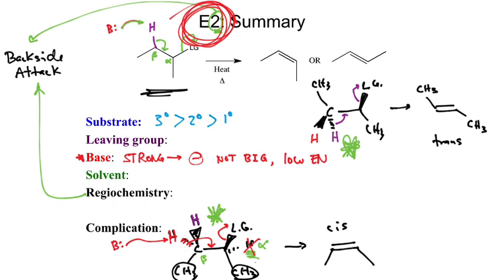You've got to make sure that when you run the elimination, you're in that backside attack orientation. And if it is not drawn in that backside attack orientation, what must you do? Rotate it. You have to rotate the structure so that the hydrogen and the leaving group are on the backside. You have to do those manipulations that you were asked to practice and learn in Unit 1. The information stacks.